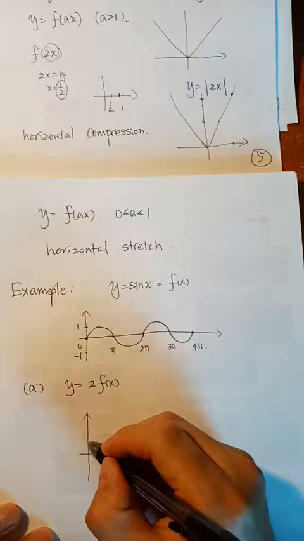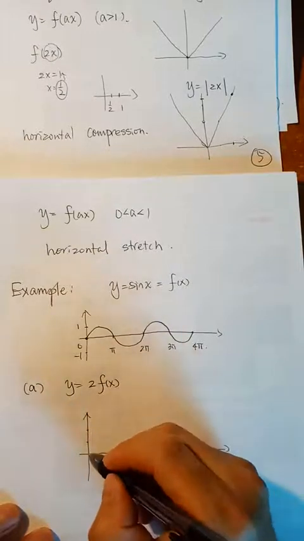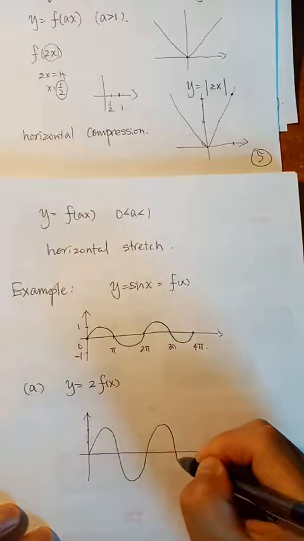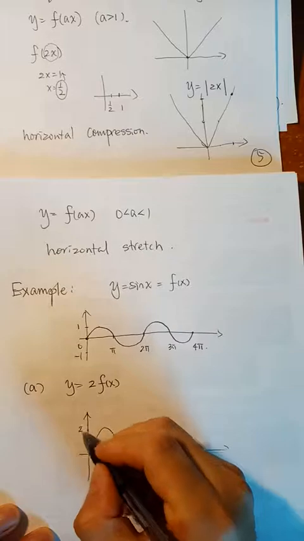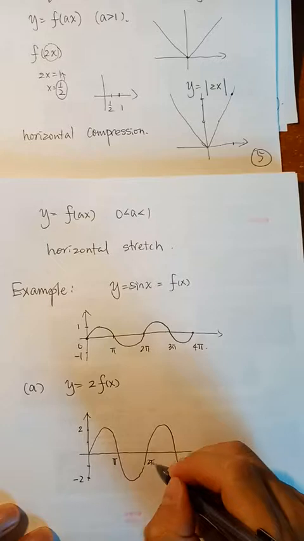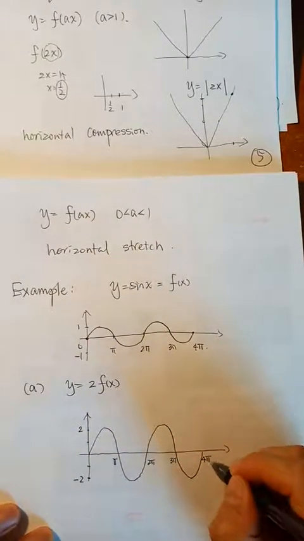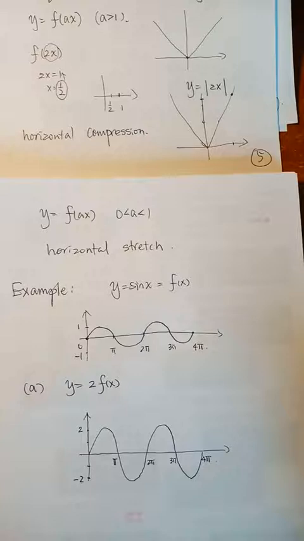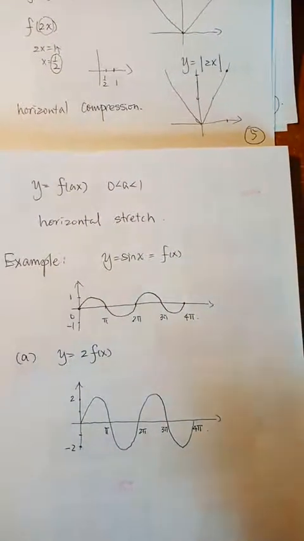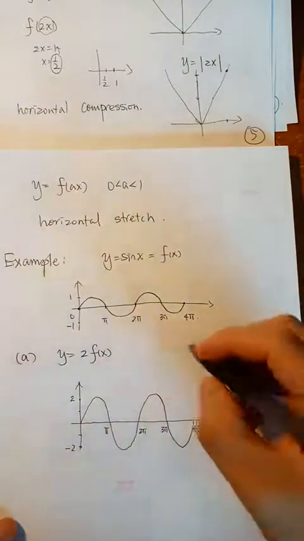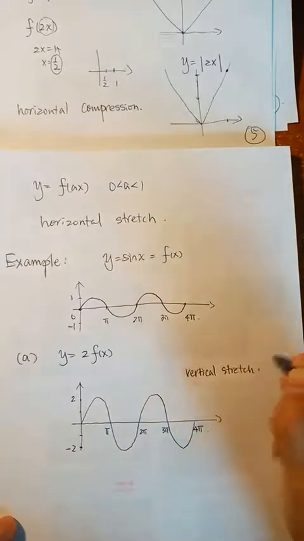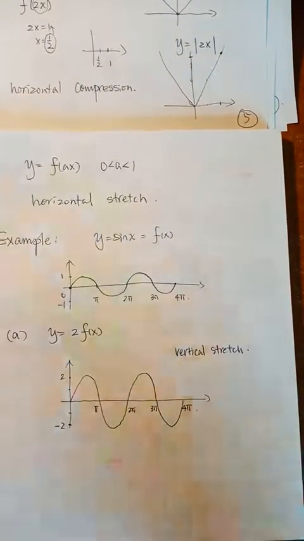And this time, originally it's 1, now it's 2, and negative 1 becomes negative 2. So this is the vertical stretch.